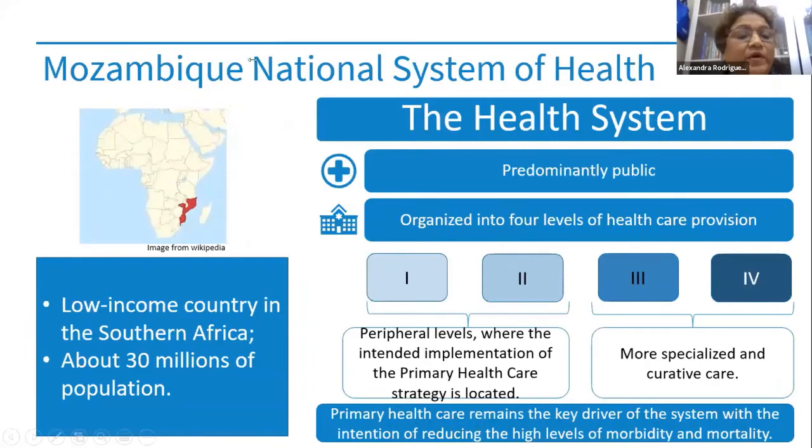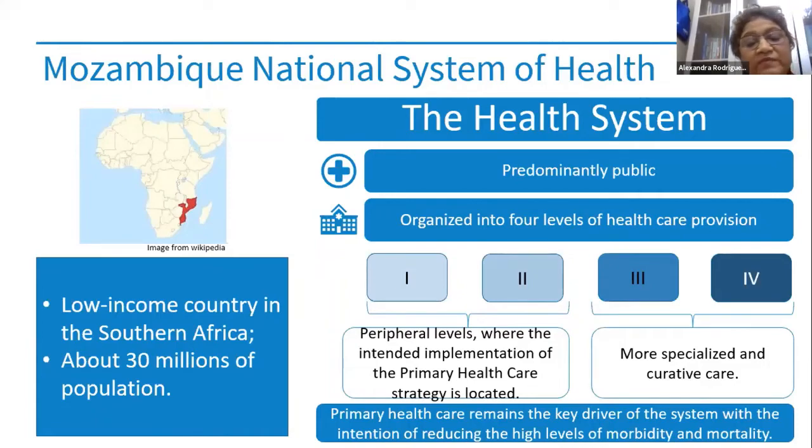Yes, please, thank you. In Mozambique, we are talking about a low income country located in Southern Africa with about 30 million population. The health system is predominantly state and organized in 4 levels. Levels 1 and 2, which we consider the peripheral levels, are where it is intended to implement the primary health care strategy.